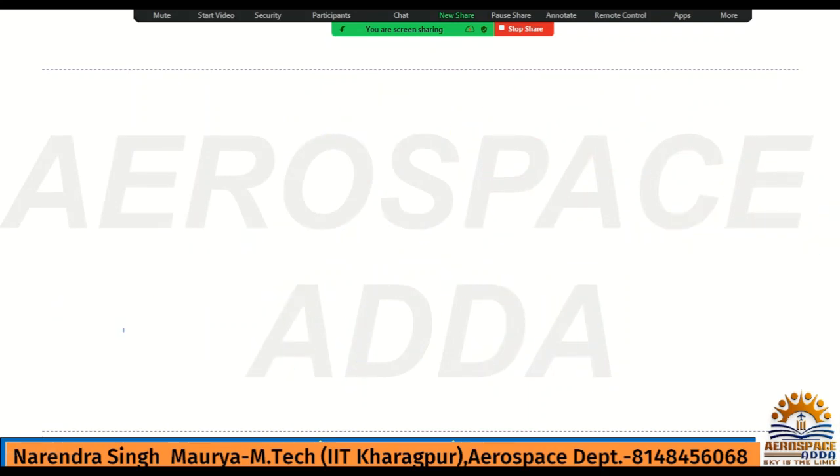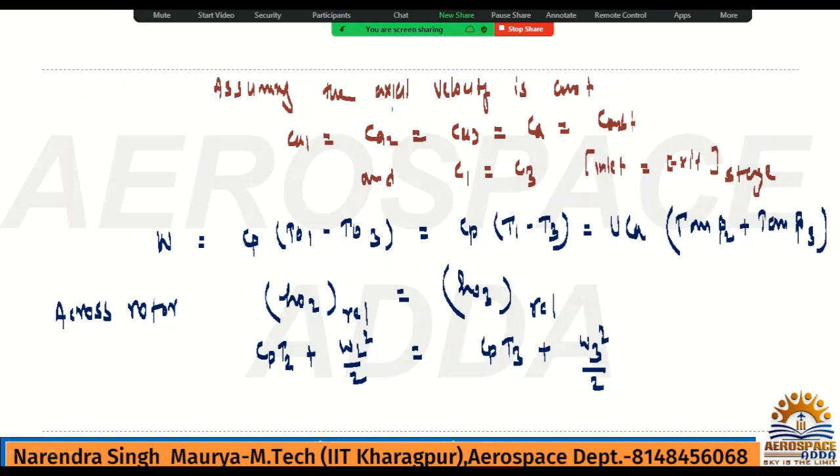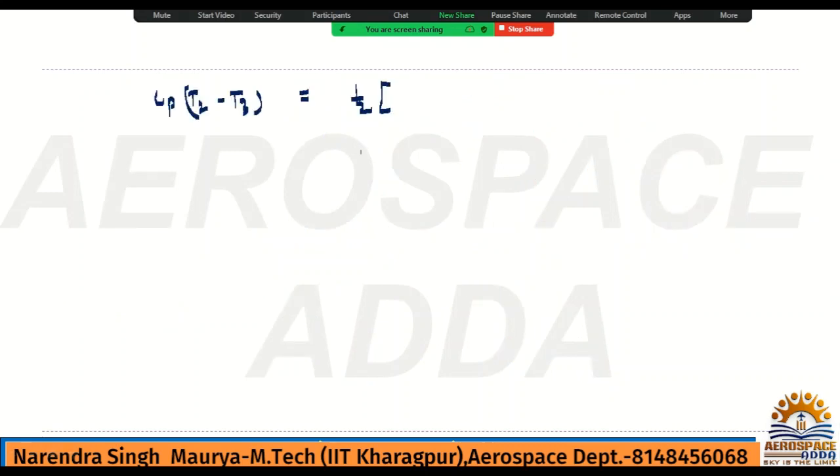You will get the final result, which I will write here. You will get Cp (T2 minus T3) equal to 1 by 2 times the bracket (omega 3 square minus omega 2 square).